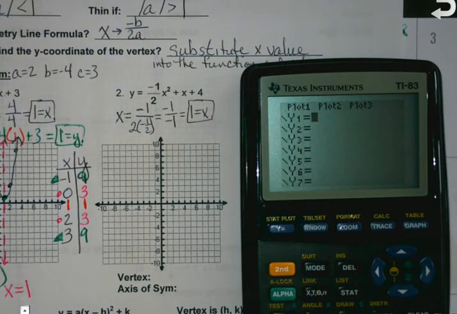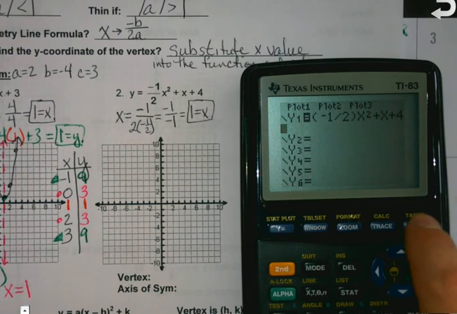Now, when you go to type this in, I like to use parentheses when I do this, just to make sure the calculator doesn't get confused. So negative 1/2 x squared plus x plus 4. And again, I could do this manually too, like we did in the first one.